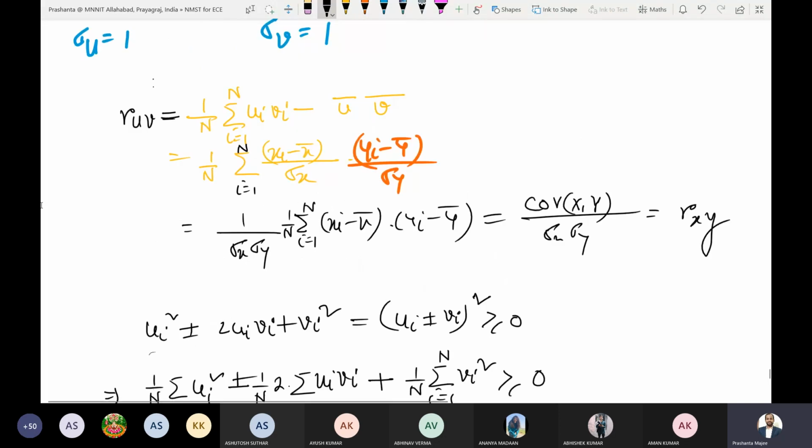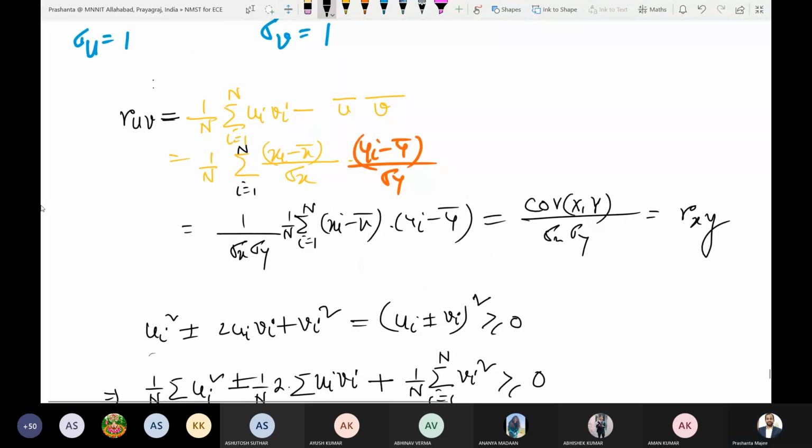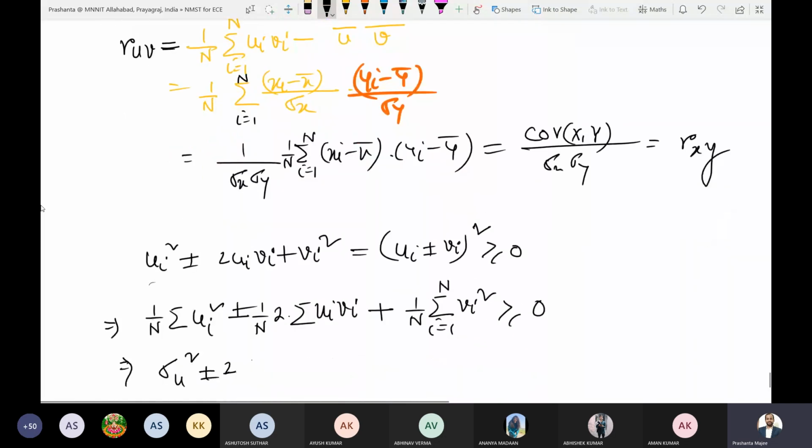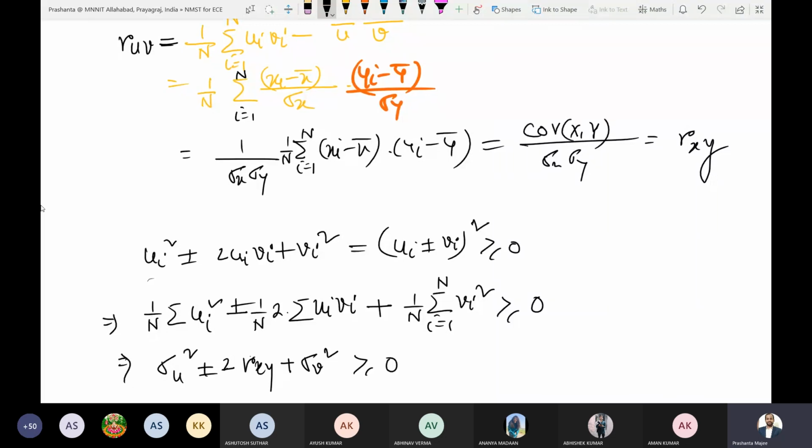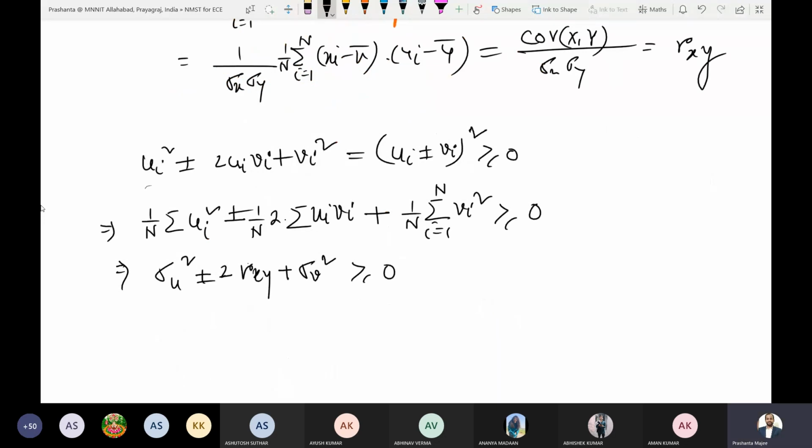You see, this is r_xy, plus sigma v square, that is greater than or equal to 0. Now what are sigma u and sigma v? That is 1.